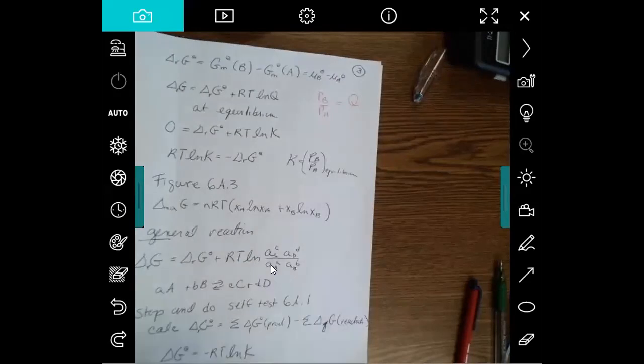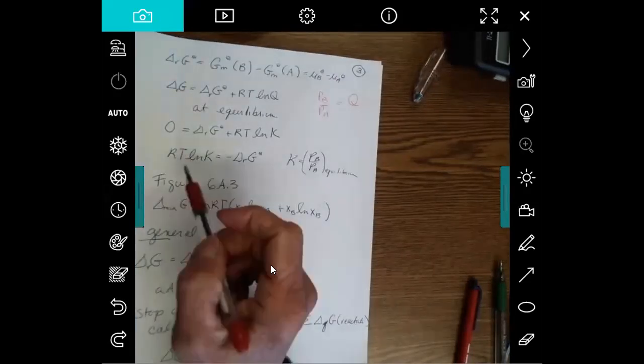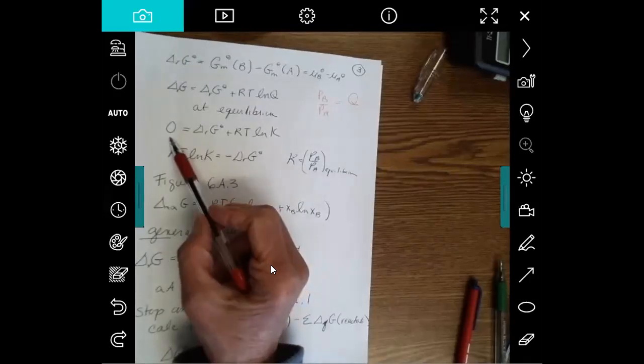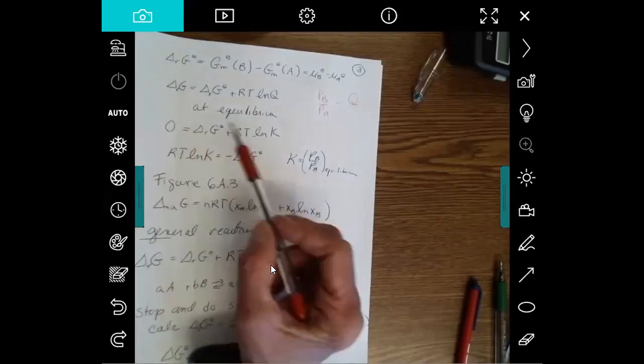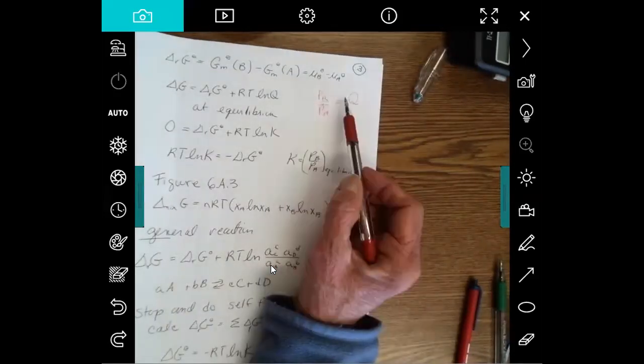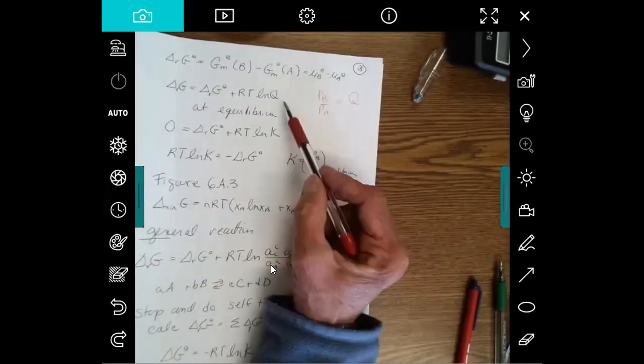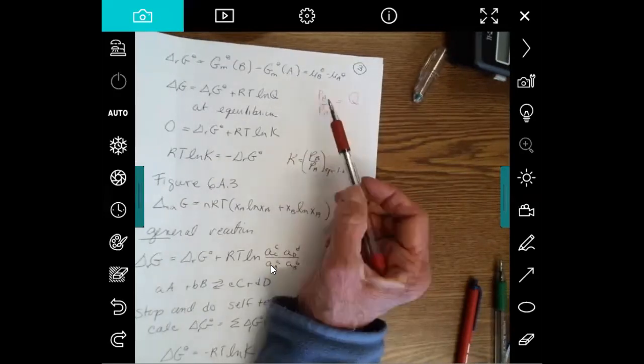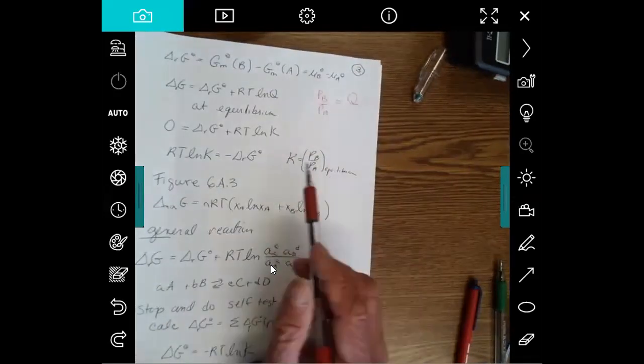So this should all be really looking familiar to you. When we're at equilibrium, we know that delta G for the reaction is 0. So we can set that equal to 0. And then we want to solve for what the composition that remains constant at equilibrium would be. So we'll replace Q with K, because it's the reaction quotient, but it's that specific one where we're at equilibrium.